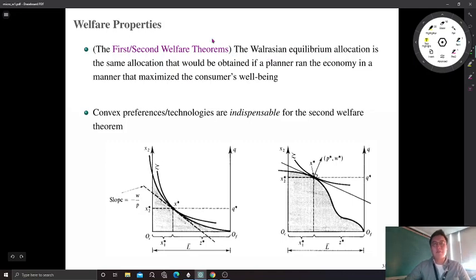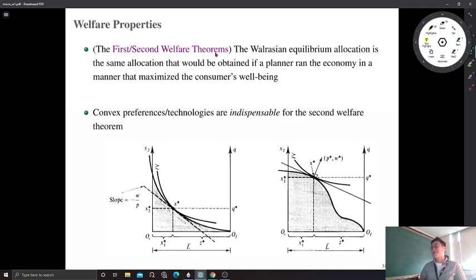Okay, and if we think about the second welfare theorem, because in the pure exchange economy there were two consumers, Pareto efficiency was defined as there is no other way to make both consumers strictly better off. If one consumer gets better off, the other consumer will automatically be worse off, that is Pareto efficiency.